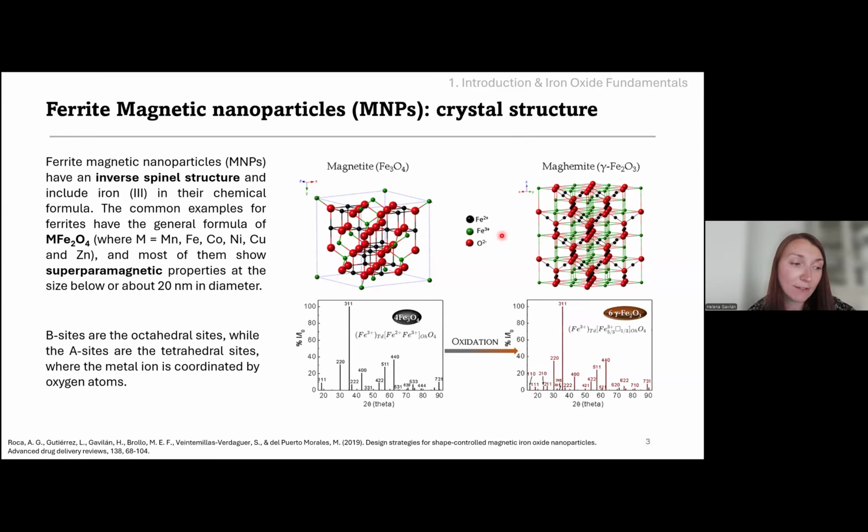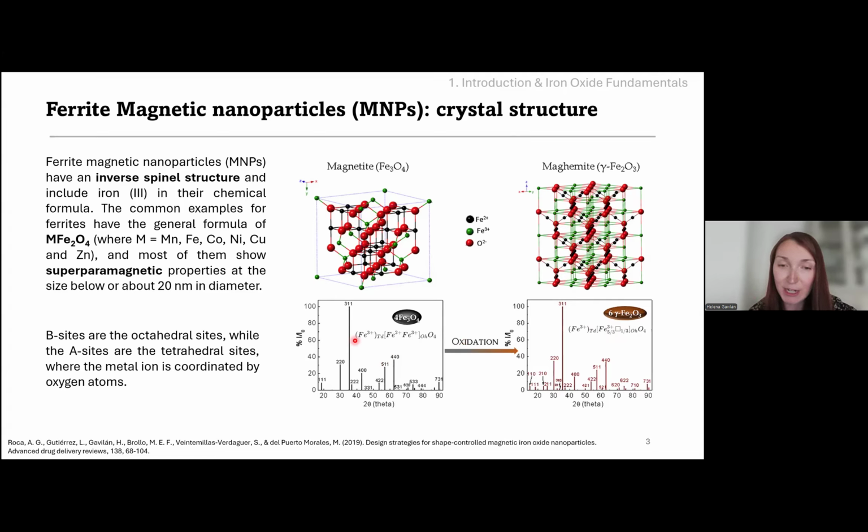So we will have tetrahedral sites occupied by iron 3 plus, then some more iron 3 plus ions in the octahedral, and we will have some vacancies that we see here in order to have a neutral and stable compound, okay?